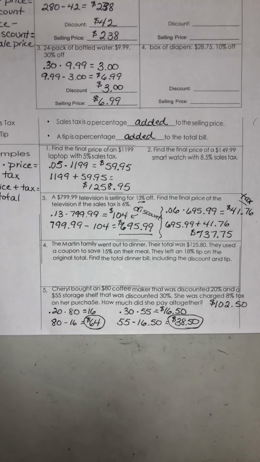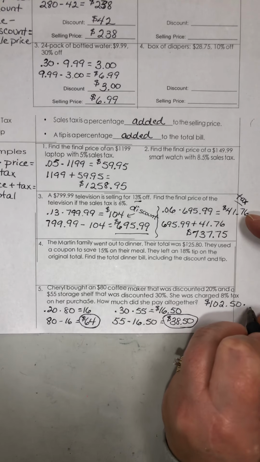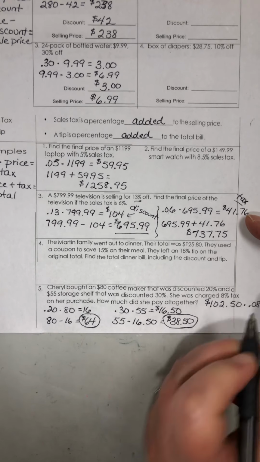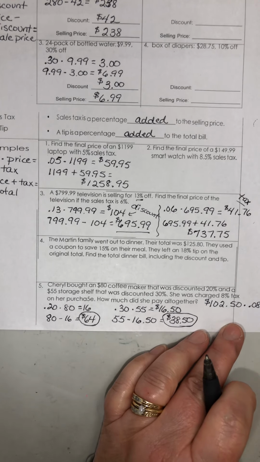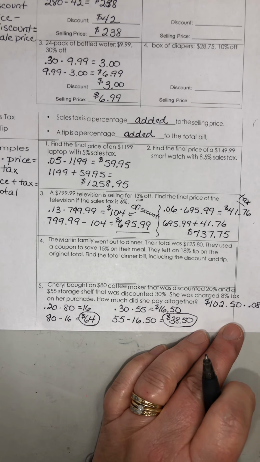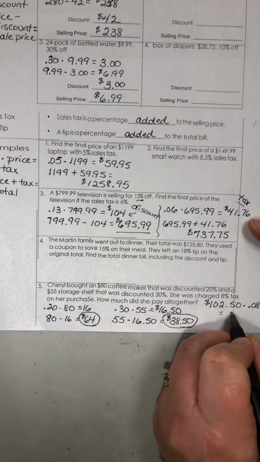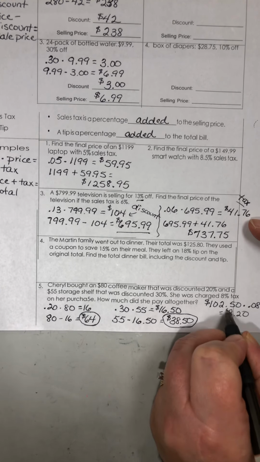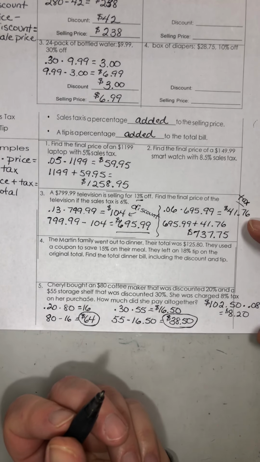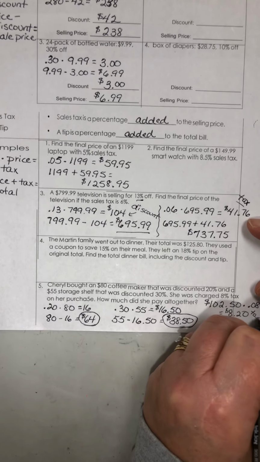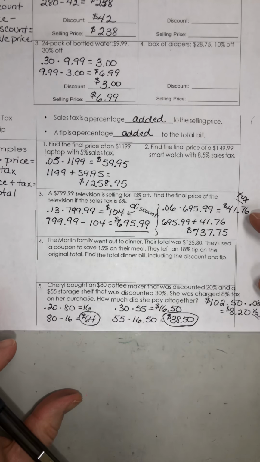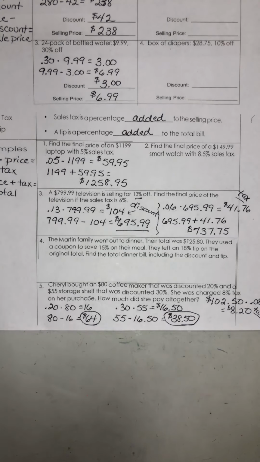But now they're going to put 8% sales tax on that. So they're going to take it times 0.08. So the tax is $8.20. Okay, this is your tax. Let's just write that down so we don't forget. And now remember, you have to add tax on.